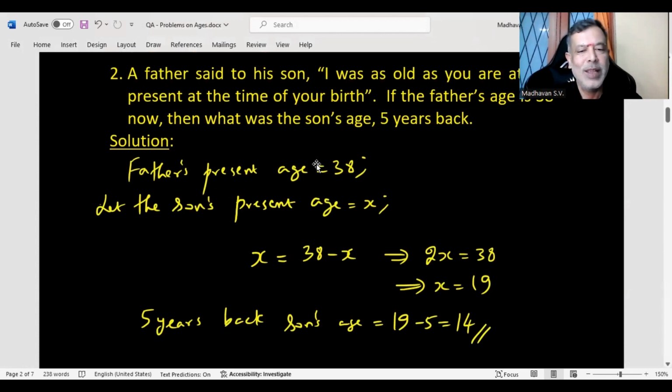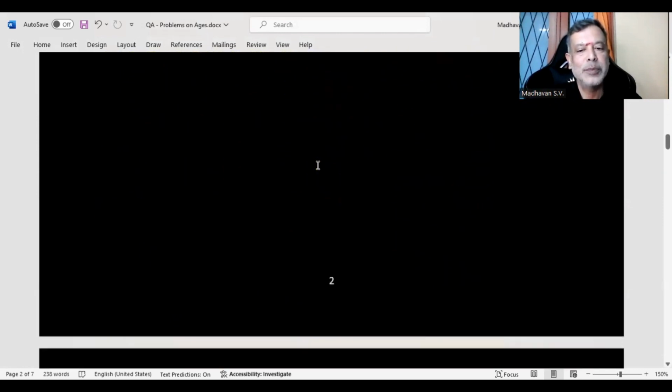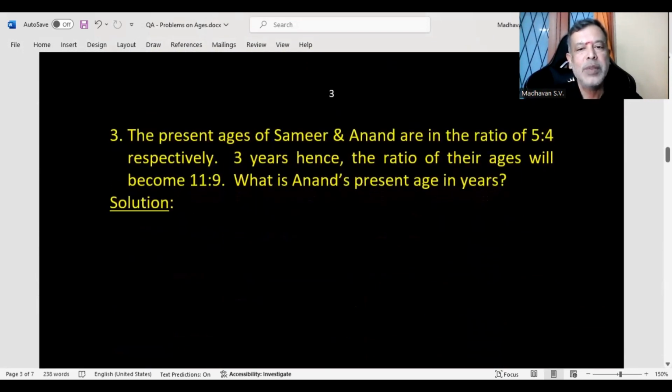Let us move on to the next question. The present ages of Samir and Anand are in the ratio 5:4 respectively.